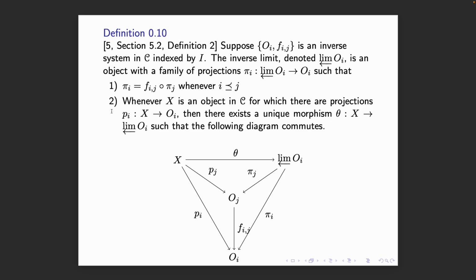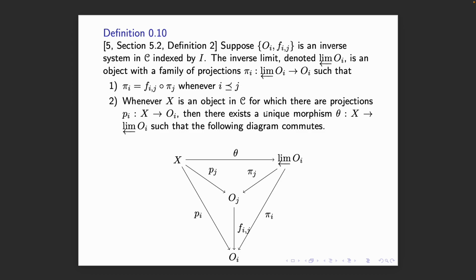So when we have an inverse system of objects in some category, we can develop what we call an inverse limit. An inverse limit is an object that is going to have the structure of all of these objects in the system such that there are projections from the inverse limit to any element in the sequence.